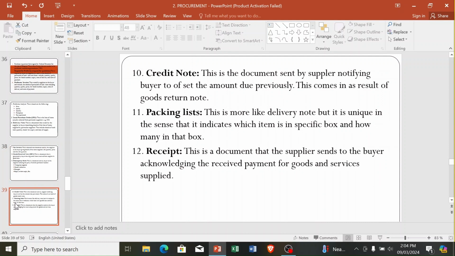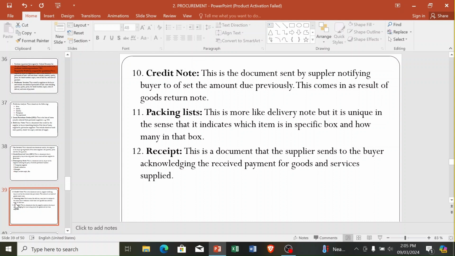We have credit note. This is the document sent by the supplier notifying a buyer of the set amount due previously. This comes in as a result of a goods returned note. So in case we have returned any items, we are going to look at some of the conditions or states that will lead to return of the product.